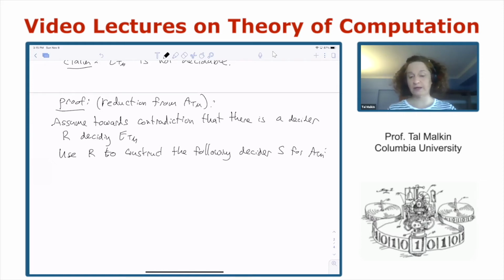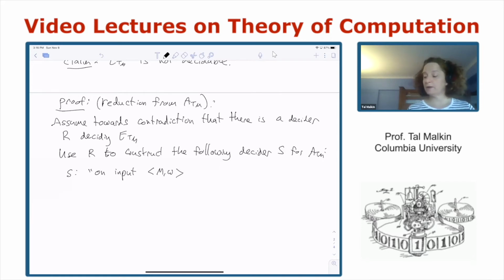So what will I do? Here is S. S is supposed to decide ATM, and so the input to S is of the form that it expects for an ATM. S gets an M and a W and wants to know whether or not M accepts W. What it has at its power is, think of it as a friend, R, who can answer questions only about ETM.